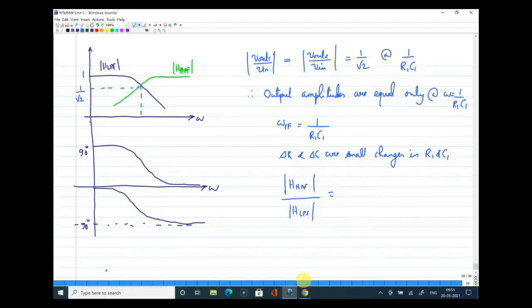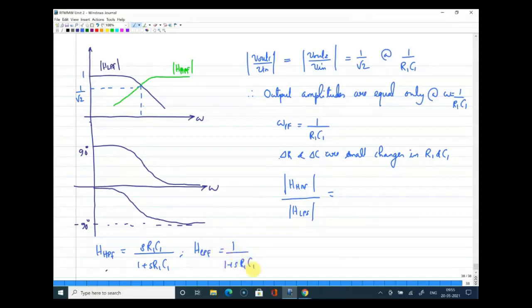If I write the high pass filter response, it will be equal to SR1 C1 divided by 1 plus SR1 C1. I am writing this directly since we have discussed this once before. The low pass filter response will be equal to 1 by 1 plus SR1 C1.